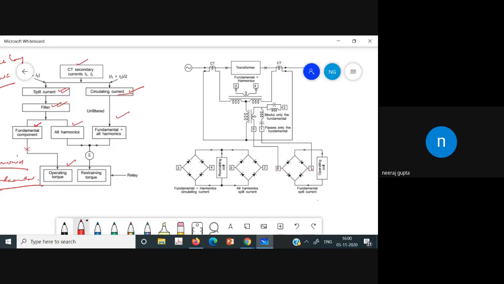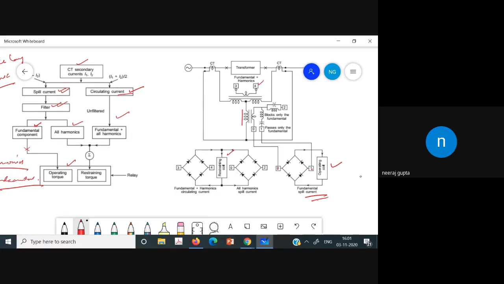So if it has the fundamental component, then it is connected to this spill coil, then the operating torque would be there. Otherwise, we will have 0 to 2, and the filter is used, and it will see whether it has the harmonic component or not. And if it has the harmonic component, then it gives the restraint to the restraining coil for producing the restraining torque.